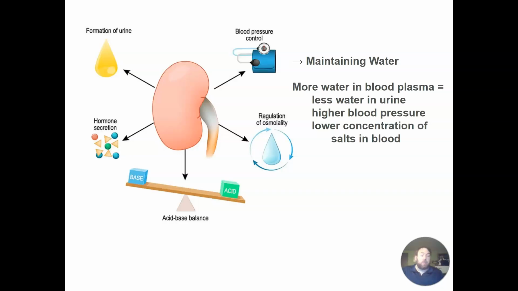We're talking about our plasma being the solution, and the lower concentration of salts in the blood would make it a very, very weak blood. The opposite can be true. You could have a lot of water in the urine instead, and therefore less water in the blood plasma. That would lead to a lower blood pressure and a higher concentration of those salts staying in the bloodstream.